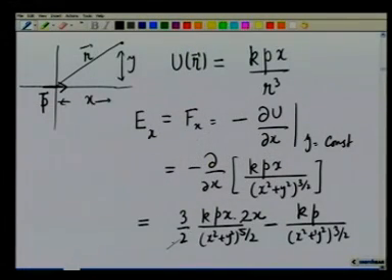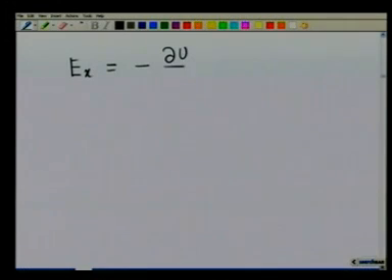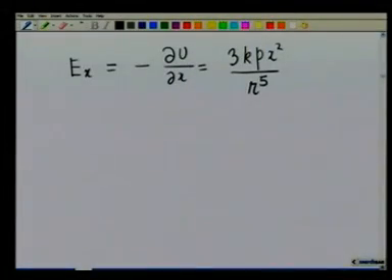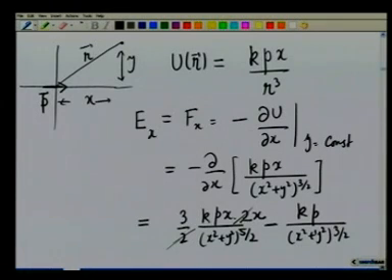This 2 cancels, so that the expression for the electric field x component, which I took to be minus the partial derivative of U with respect to x, comes out to be 3 k p x square divided by r raised to 5 minus k p over r cubed. Let me see if it is correct. Going back to the previous slide, it is 3 k p x square over r raised to 5 minus k p over r cubed.